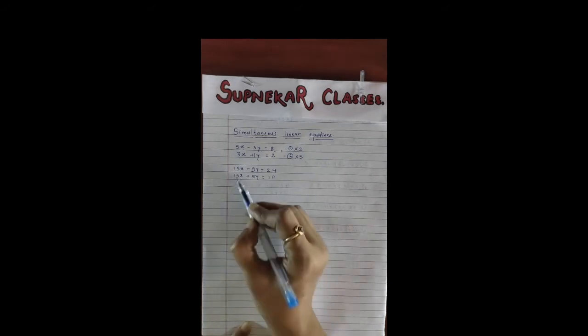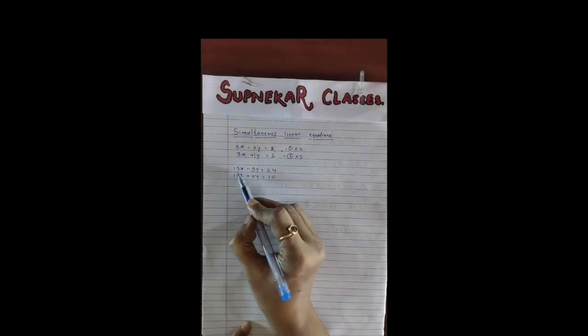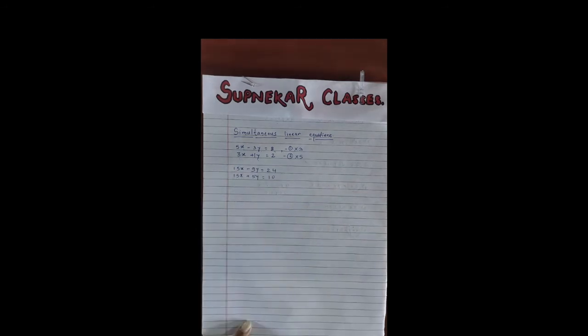Now you have to see what the signs are. You see both the x are having 15 as a coefficient. Coefficients are same, but both the coefficients are having the same sign. Okay, we have to cancel that x, so one sign should be opposite to that of the first one.